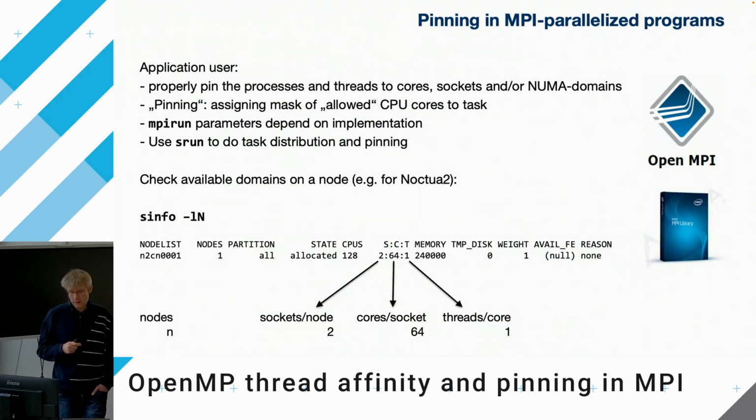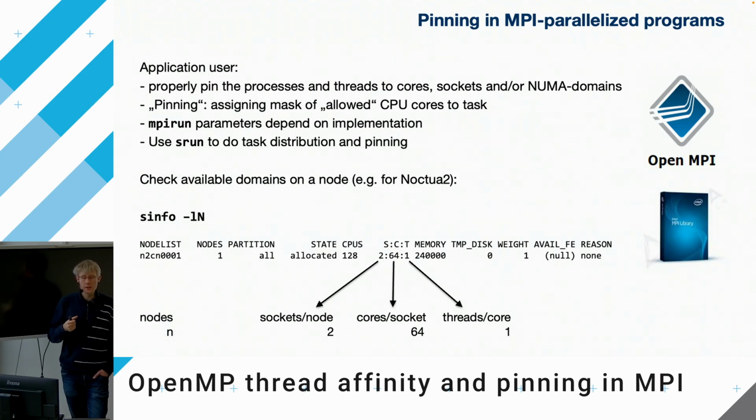And then you can also decide the pinning for MPI programs. As explained, MPI is used to start multiple processes on one or more nodes, and these processes then can talk to each other by exchanging messages.